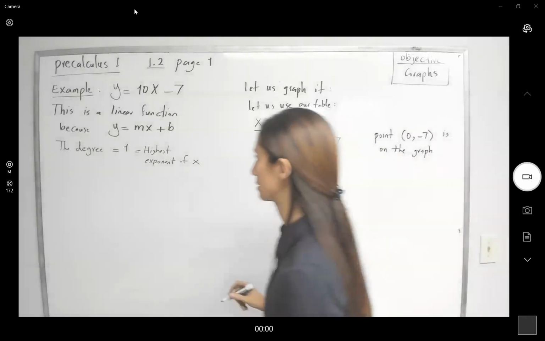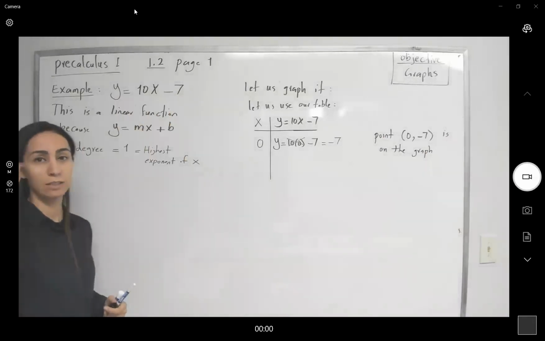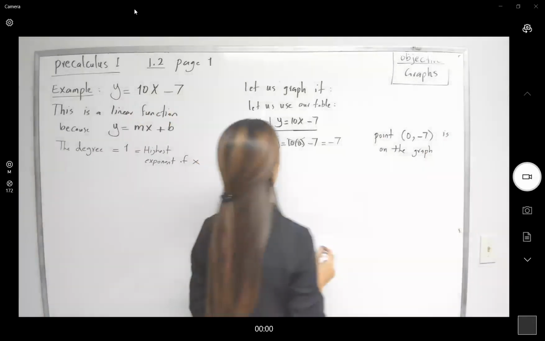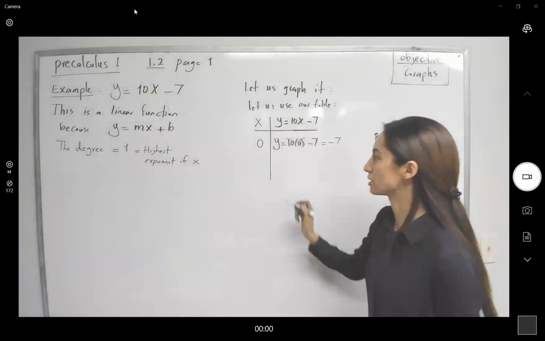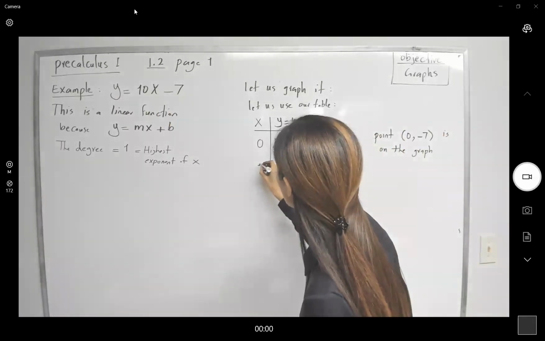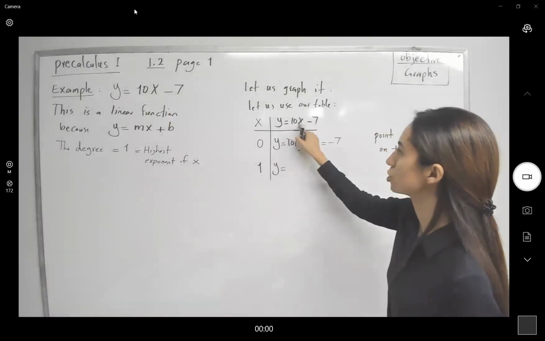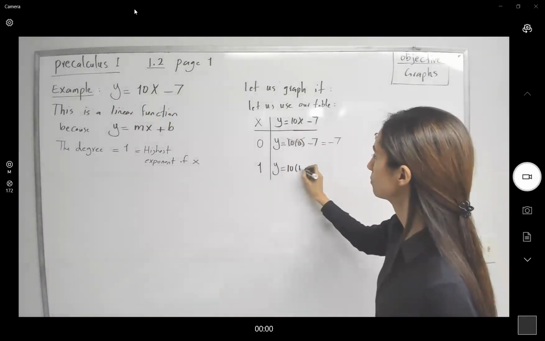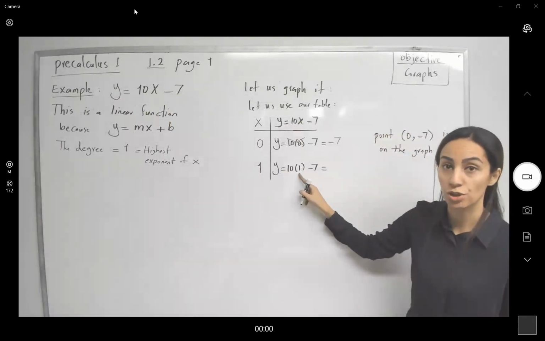Again, remember that we have a linear function here. We need 2 points. Let us plug in another number. Let us plug in 1, for example. If I plug in 1, then I have y equals 10 times 1 minus 7. Well, 10 times 1 is just 10.